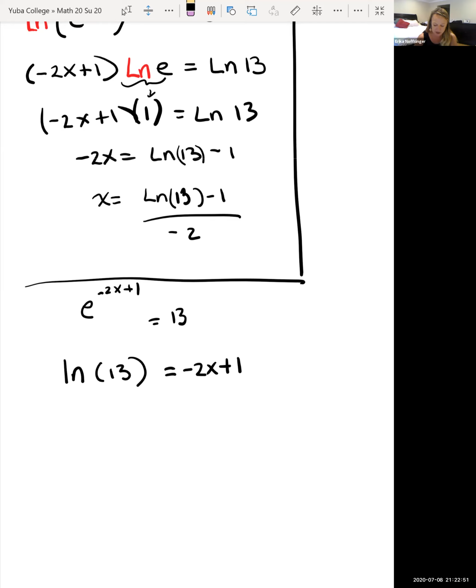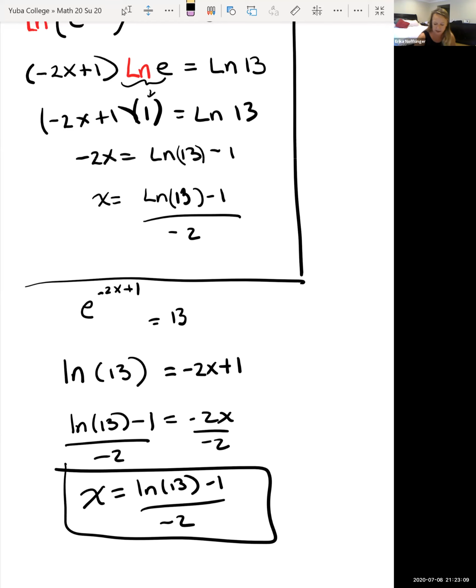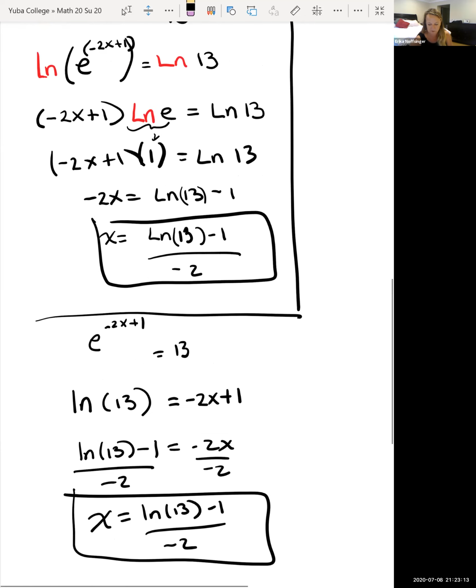Now subtract 1. Natural log of 13 minus 1 equals negative 2x. Divide both sides by negative 2, and get x equals natural log of 13 minus 1 over negative 2. Well, maybe it's not faster. But either way, you get the same result.